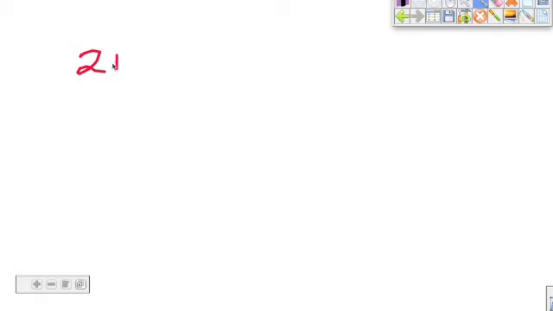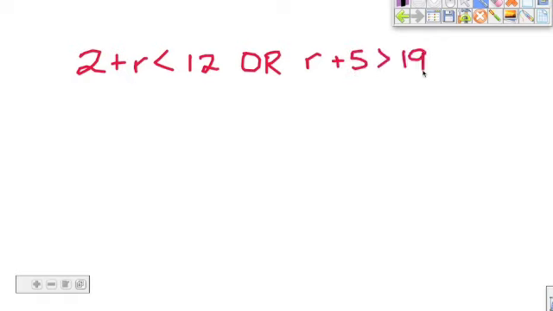We have 2 plus r less than 12, or r plus 5 greater than 19. All right, let's get those variables by itself. Right now, this is a +2, so I'm going to take the inverse and subtract 2. Same thing.